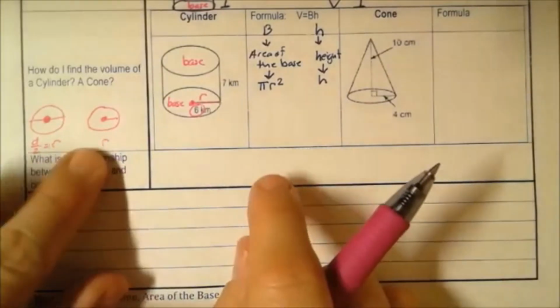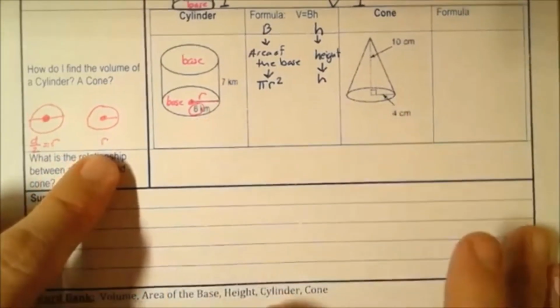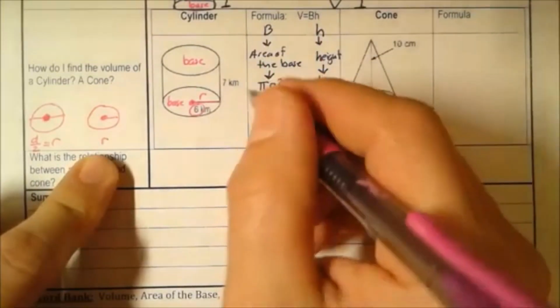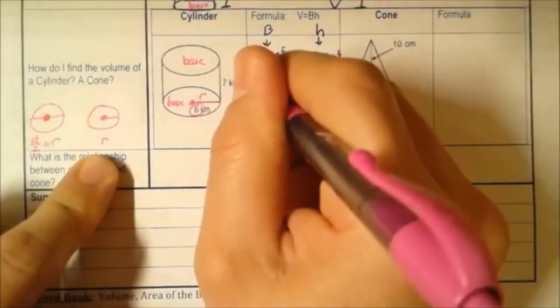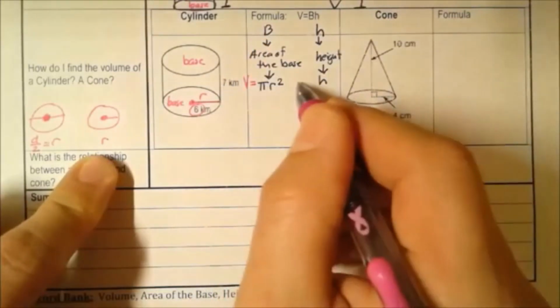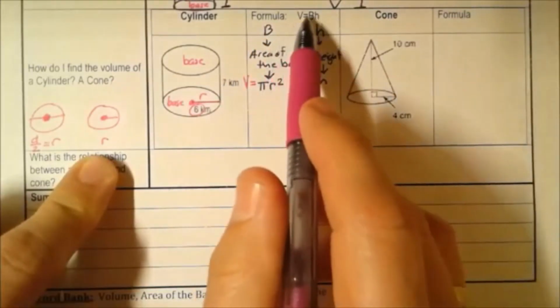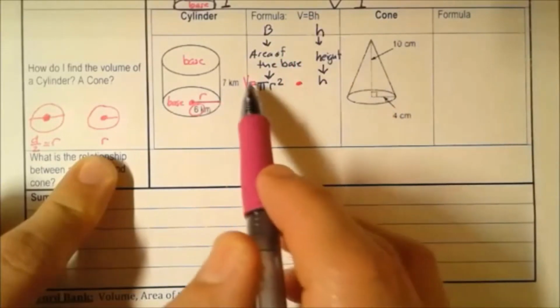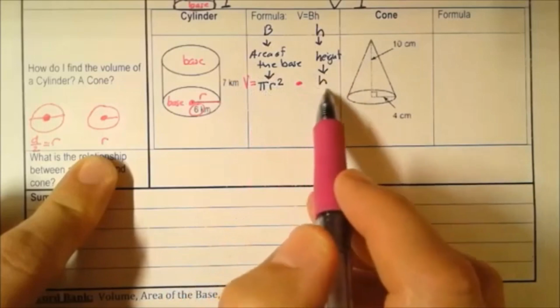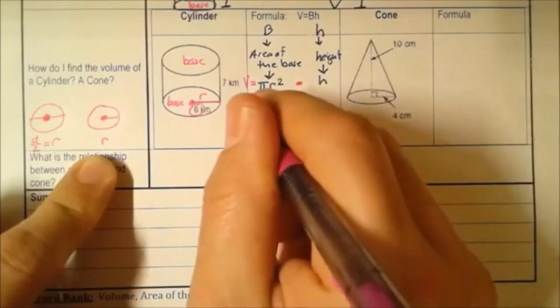Now with that being said, we already have our radius, so we're going to use our formula here. V is equal to pi r squared times h. That's the same thing as saying V equals big B times h, where big B is pi r squared. So I'm going to write this all out.